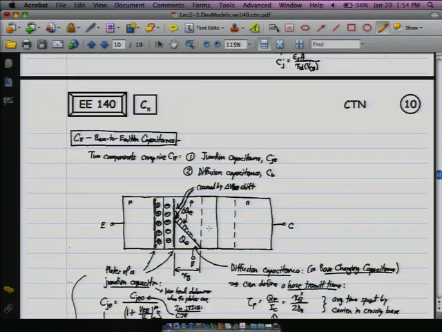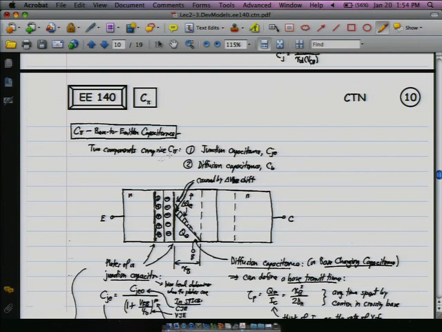But going on to C pi, it's basically the same idea where, again, we're just modulating this, except now here we have a region of charge. And so that's going to add in a little bit of complication.